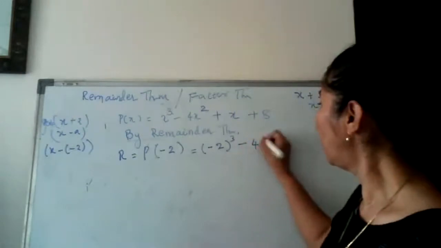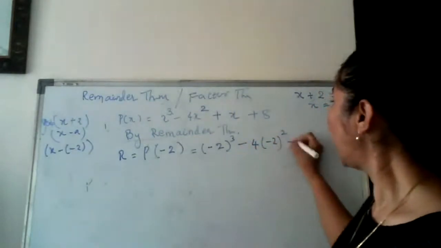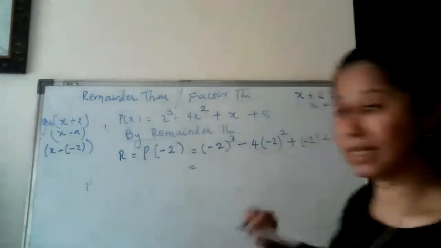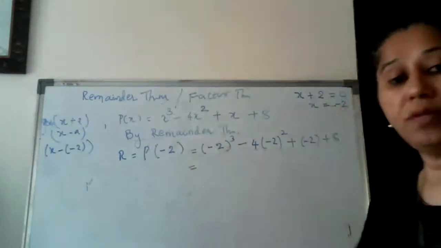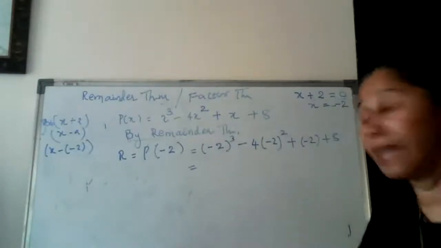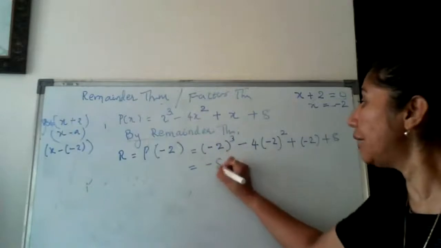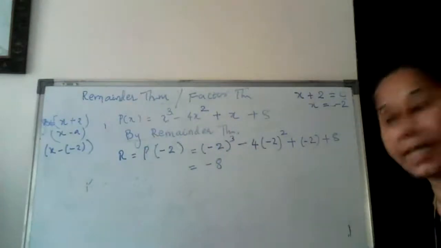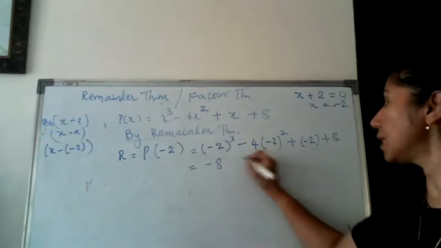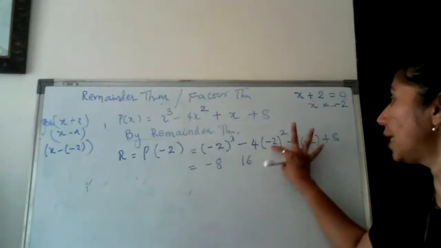सो माइनस 4 into minus 2 का स्क्वायर plus minus 2 plus 8. So be careful about the brackets. So minus 2 का cube, you always know that the odd powers gives you the minus sign. और उसी लॉजिक के साथ minus 2 into minus 2 into minus 2 gives you minus 8. minus 2 का स्क्वायर क्या होता है? 4. 4 4s are 16 and this 2 negative sign positive.